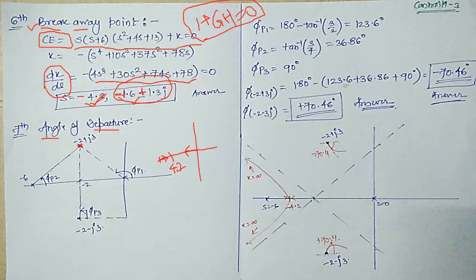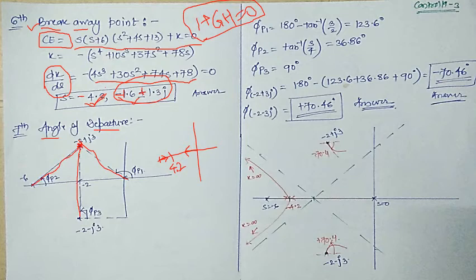If there are zeros, then it is angle of arrival, because the root locus terminates at the zero, hence it is called angle of arrival. Now how will you identify this angle of departure? Let us consider this complex root. For this complex root, you need to consider the angle contribution with respect to the rest of the roots. Okay, so you have the rest of the 3 different roots.